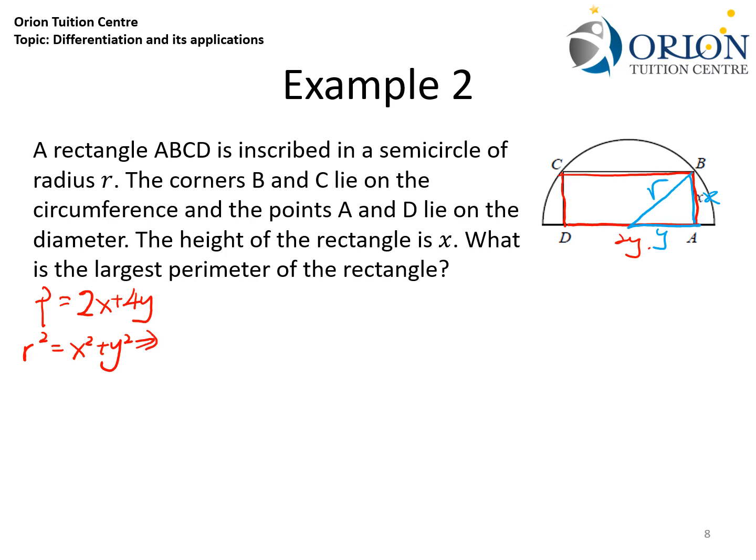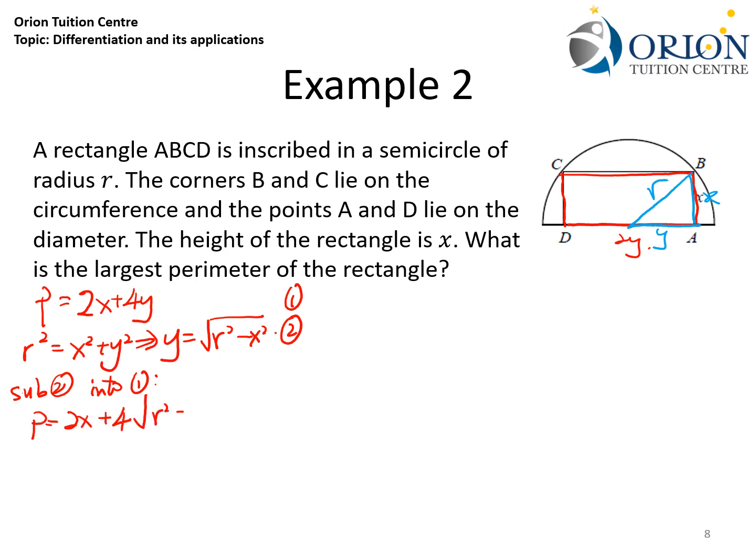Or I can also rewrite it as y equals the square root of r² minus x². With these two equations, I can substitute equation 2 into equation 1, and that gives me P equals 2x plus 4 square root of r² minus x².